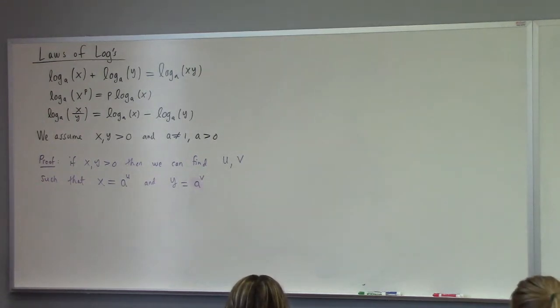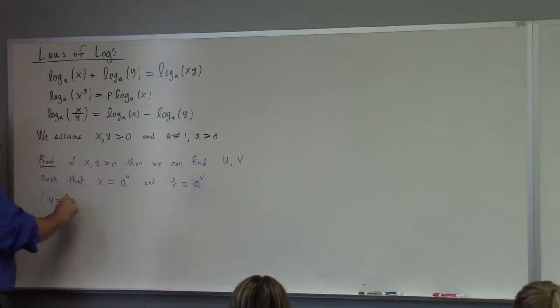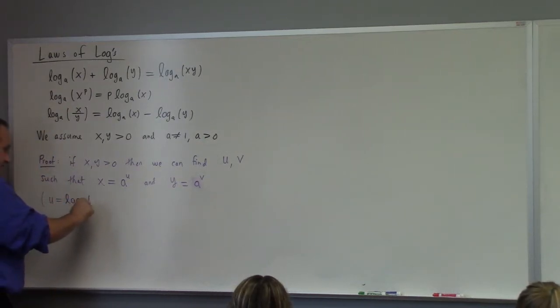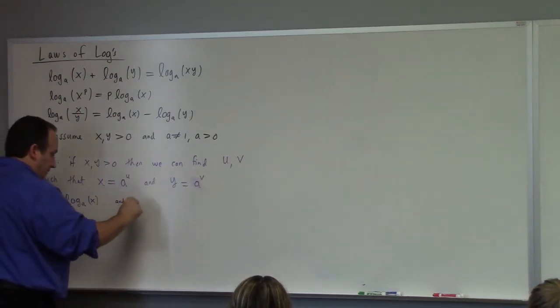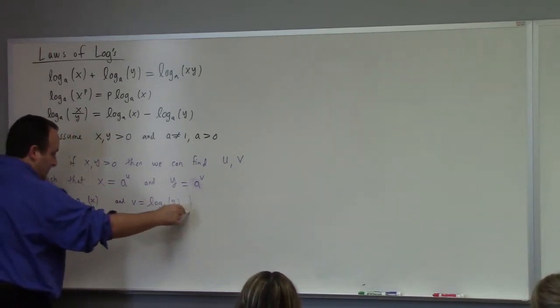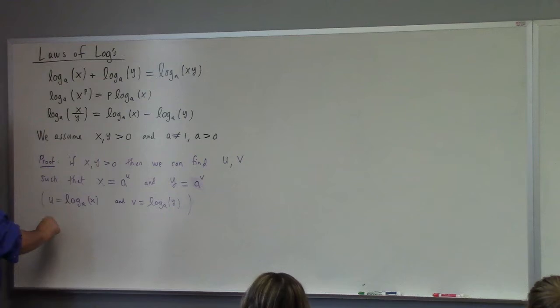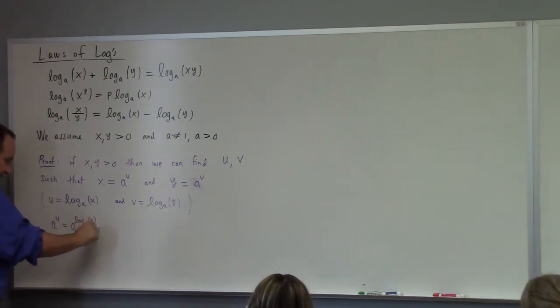Do you agree or disagree with that? Could you tell me what the u and v we could use are? I could use u equals log base a of x, and I could put v equals log base a of y. Because then, if you check it out, a to the u is a to the log base a of x, which is, by the way, x again.